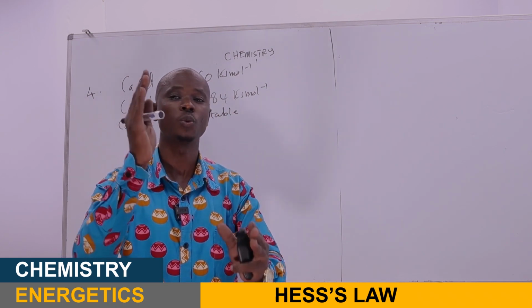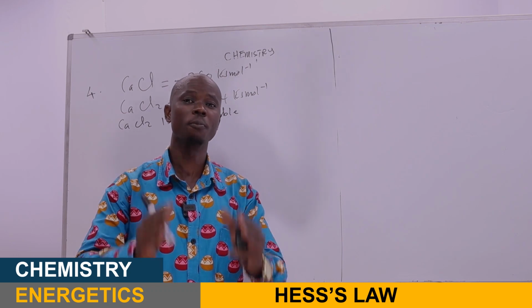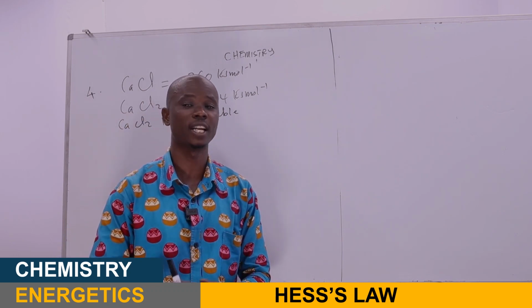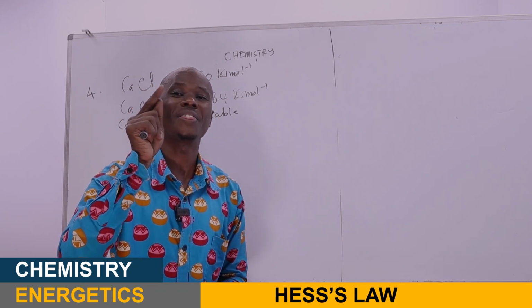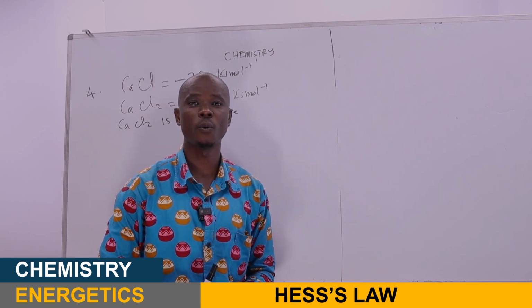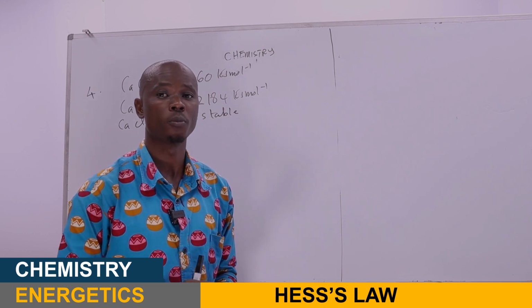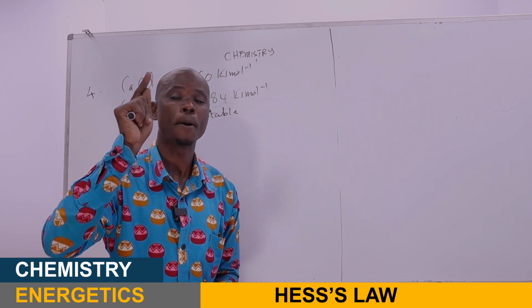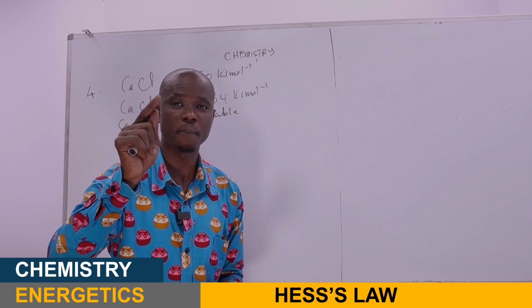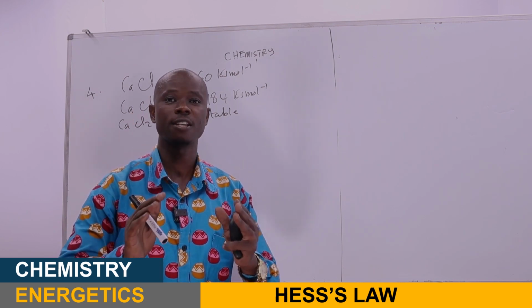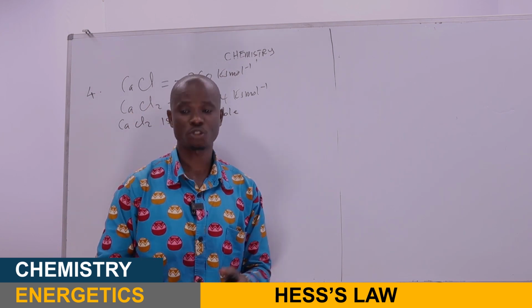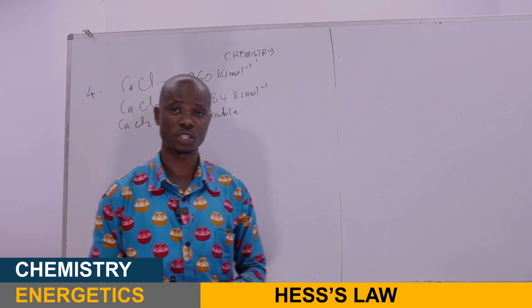Now which compound will be more stable than the other? When you meet such a question, the one which is less endothermic, that means less positive, will be more stable. The one with the highly positive or highly endothermic value will be less stable. So, my dear student, these are different ways of asking this question.